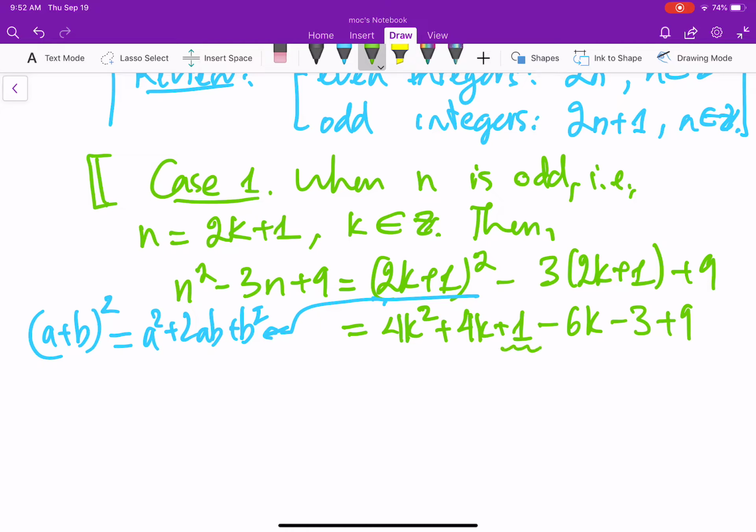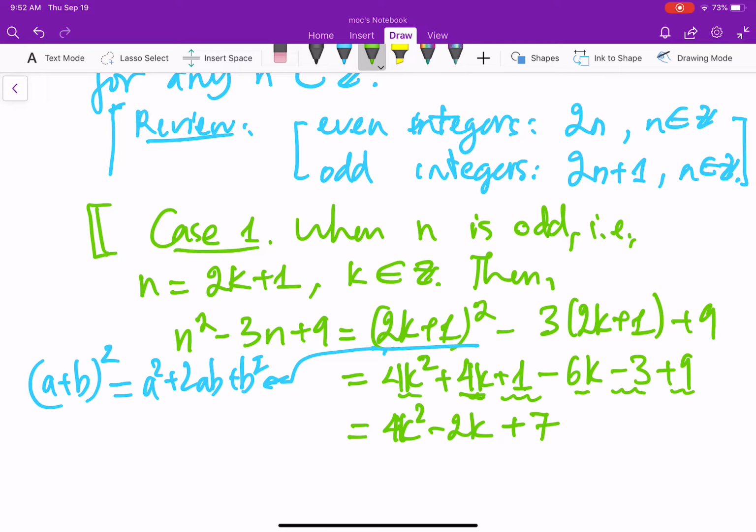Once we simplify 1 minus 3 plus 9, and we group all terms of k together, we have 4k squared, 4k minus 6k is minus 2k, and then 1 minus 3 plus 9 is 7, so I have plus 7.